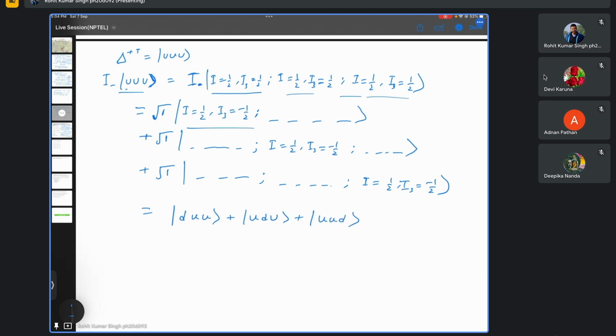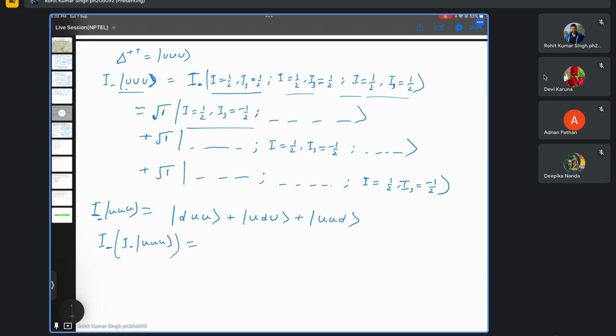So first application of the lowering operator gives you this. Okay, now let's apply again the lowering operator on this.